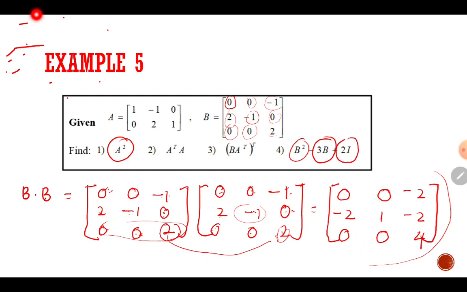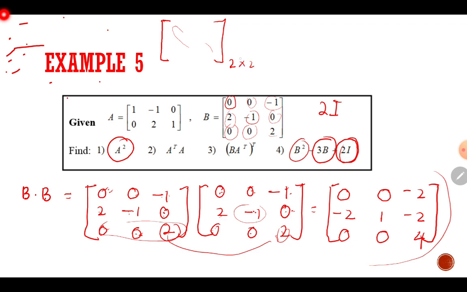This one is 2I. What does it mean by 2I? I here corresponds to an identity matrix. I will discuss I very soon in the next section. Identity matrix, where the value is basically equal to 1. Remember, a matrix has a diagonal part, right? I is a square matrix.